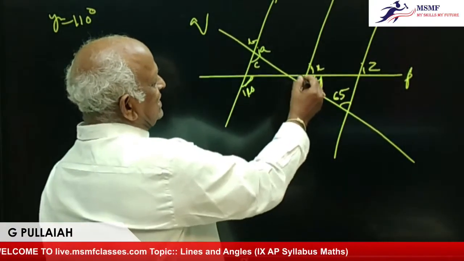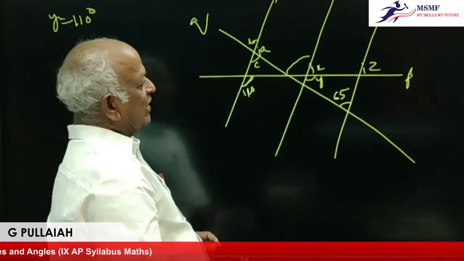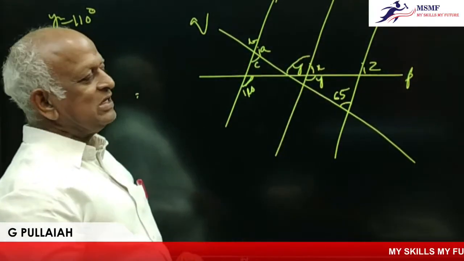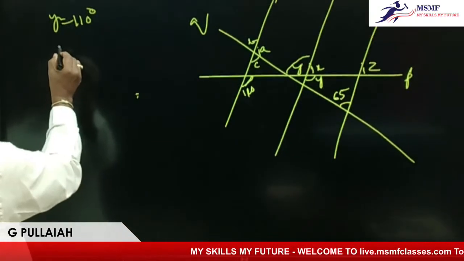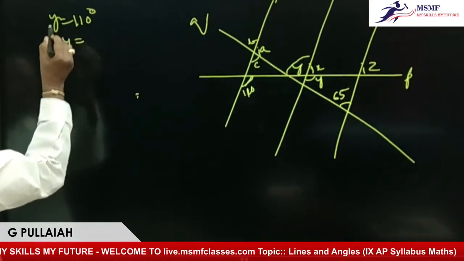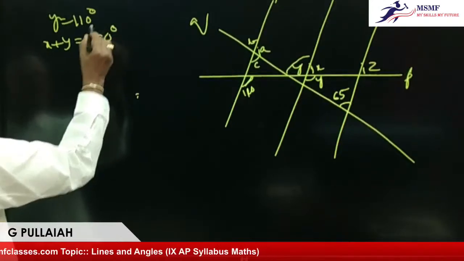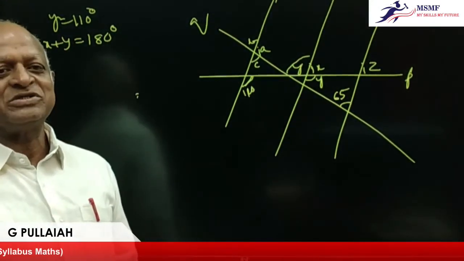These two angles are vertically opposite angles, so this angle is also Y. Then what is the value of X plus Y here? X plus Y is equal to 180 degrees, because it is a linear pair or straight angle.